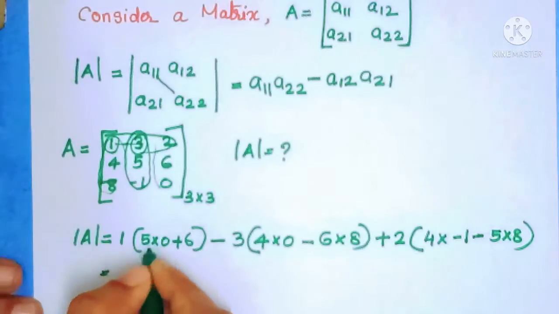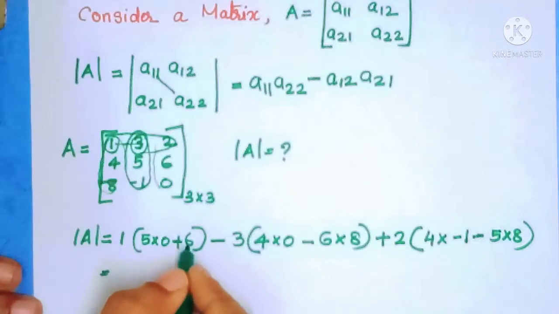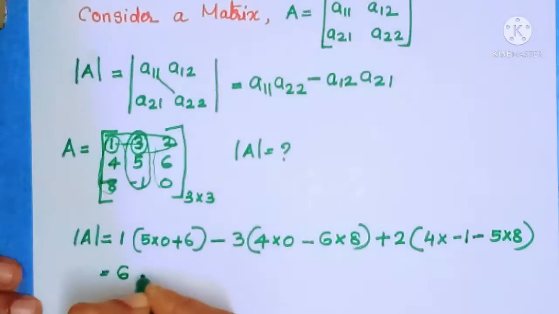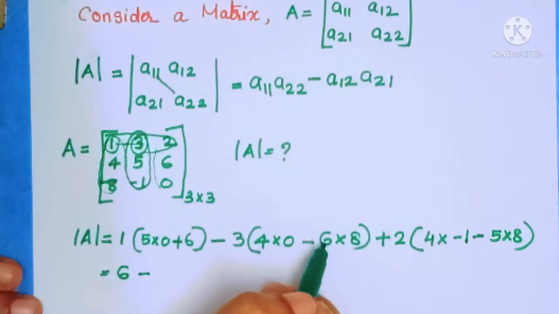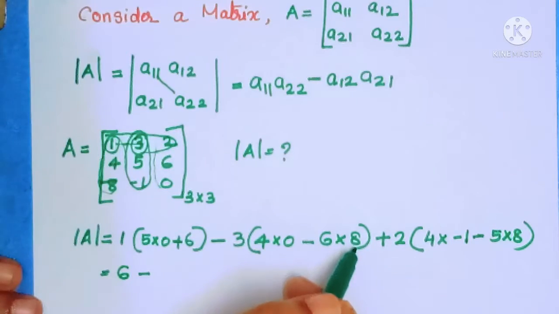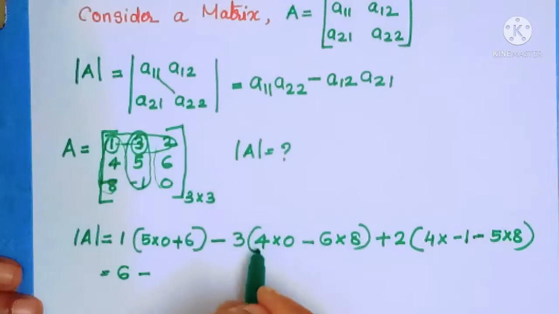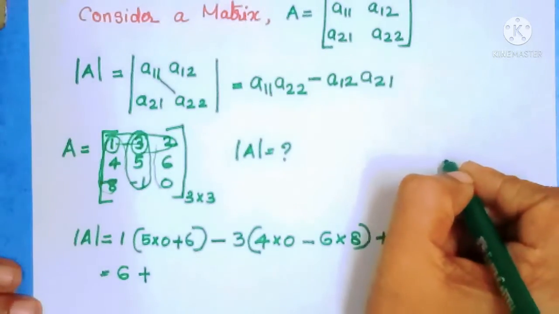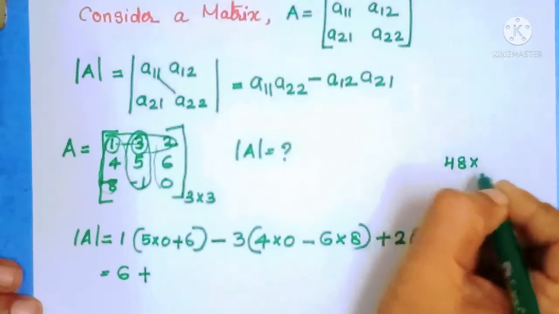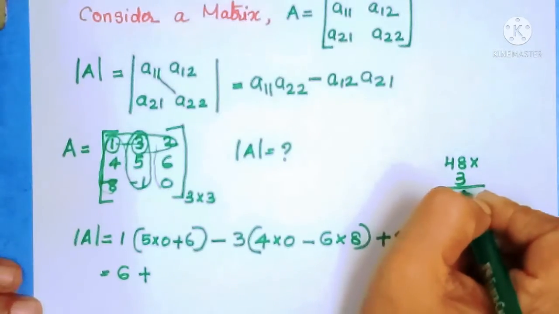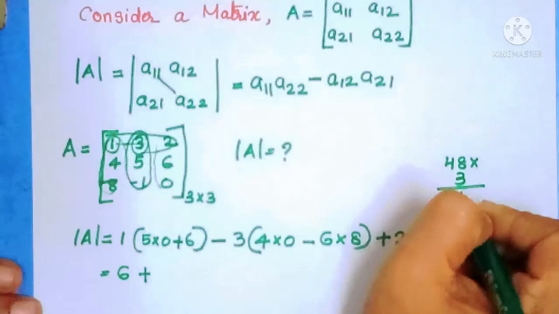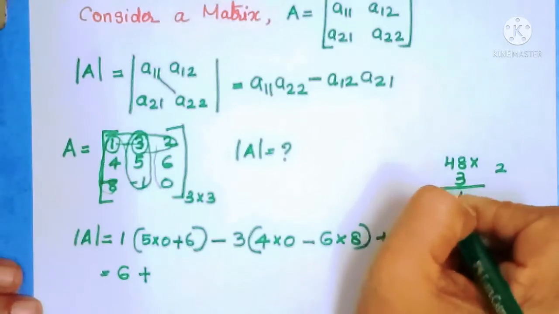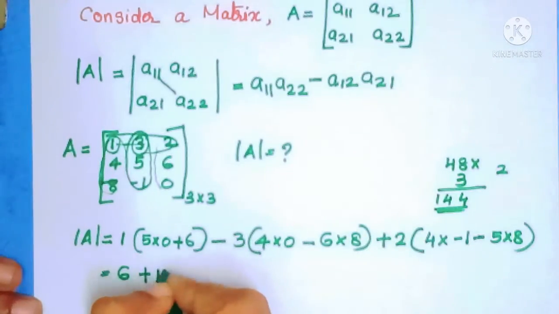Then we can multiply: 1 into 5 into 0 becomes 0, plus 6. Here 6 and 8 become 48. 4 and 0 becomes 0. Then negative and negative become positive. Then 48 into 3 is 144.